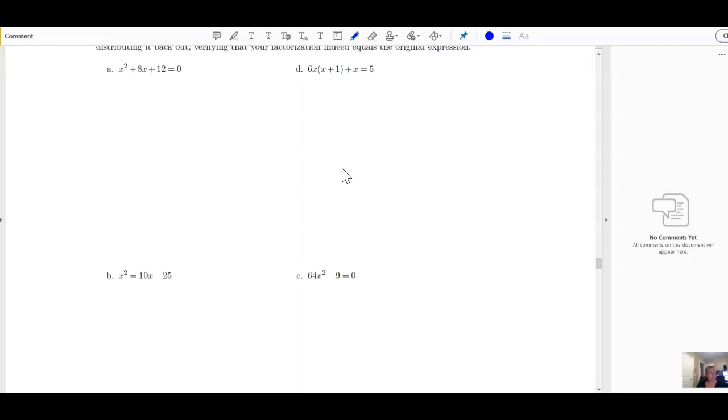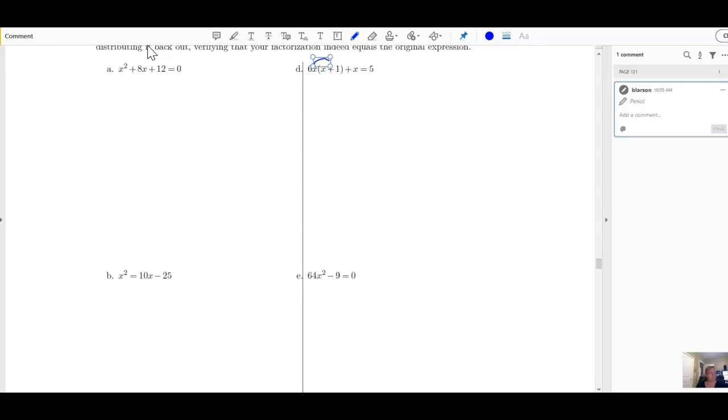In order to solve this, we usually need to get it into this form, like A over here, where we have everything on one side and the other side is equal to 0. If there are any parentheses, we've got to clear those and put any like terms together.